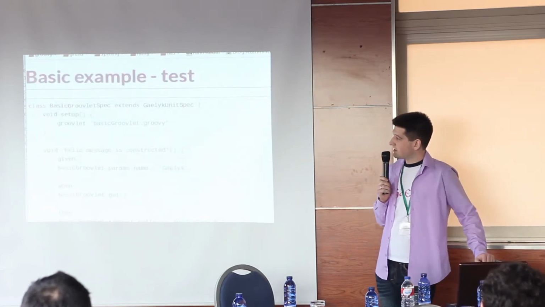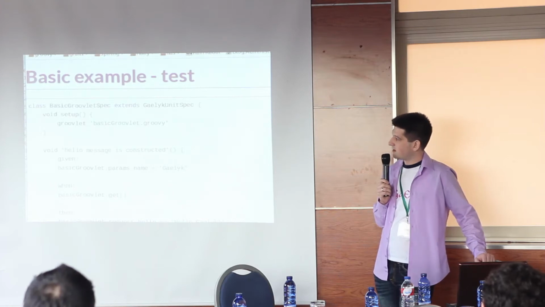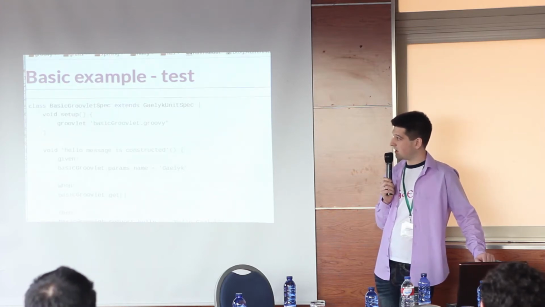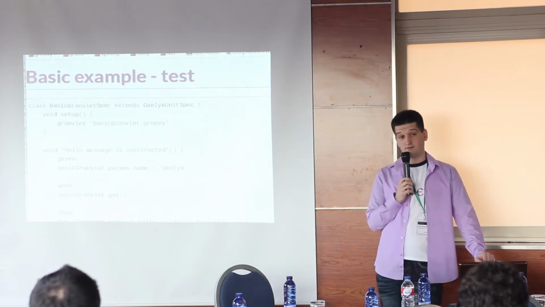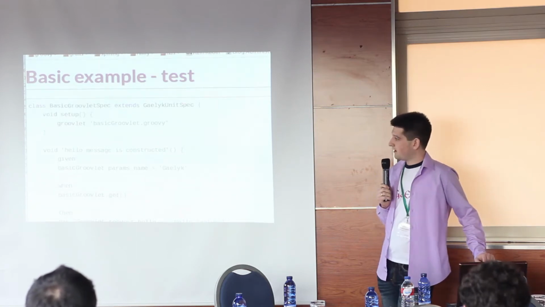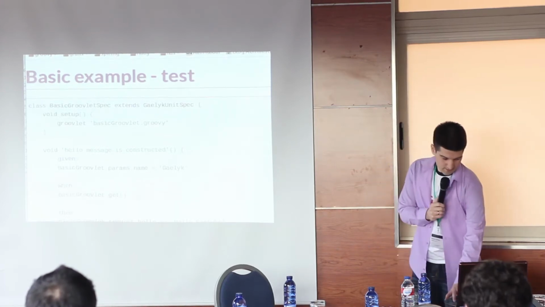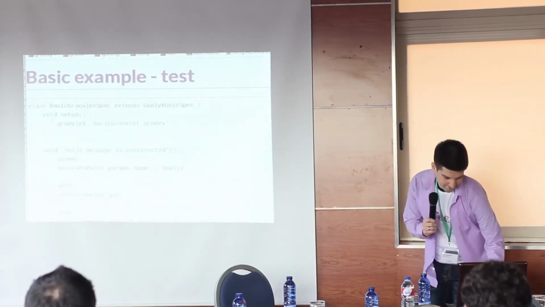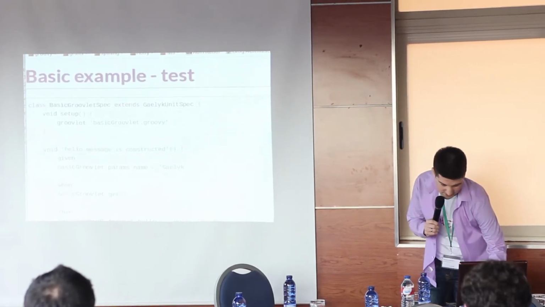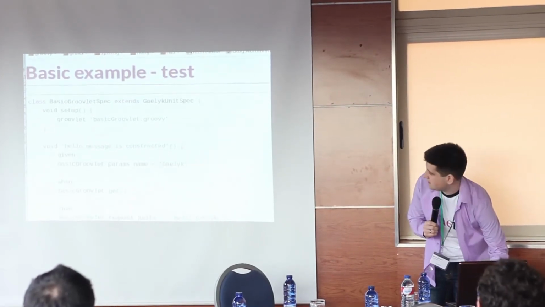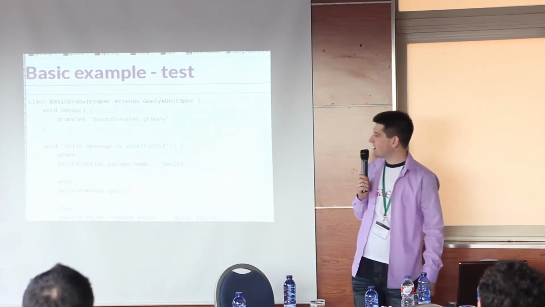And when it comes to testing, as I said, we can use Gaelyk unit spec. In the setup method, we tell the test which groovelet we are actually testing. Probably you cannot see the bottom line of the code, which is the most important part. Okay.